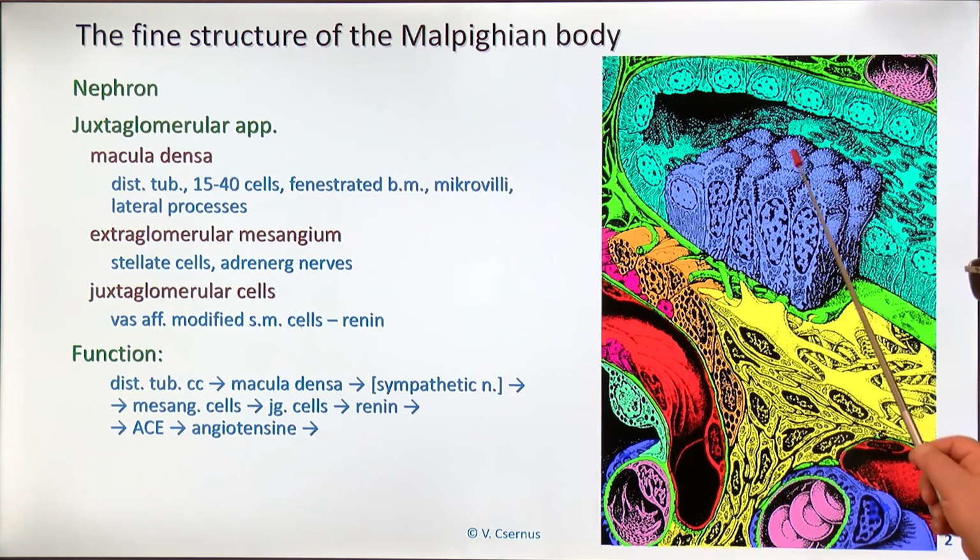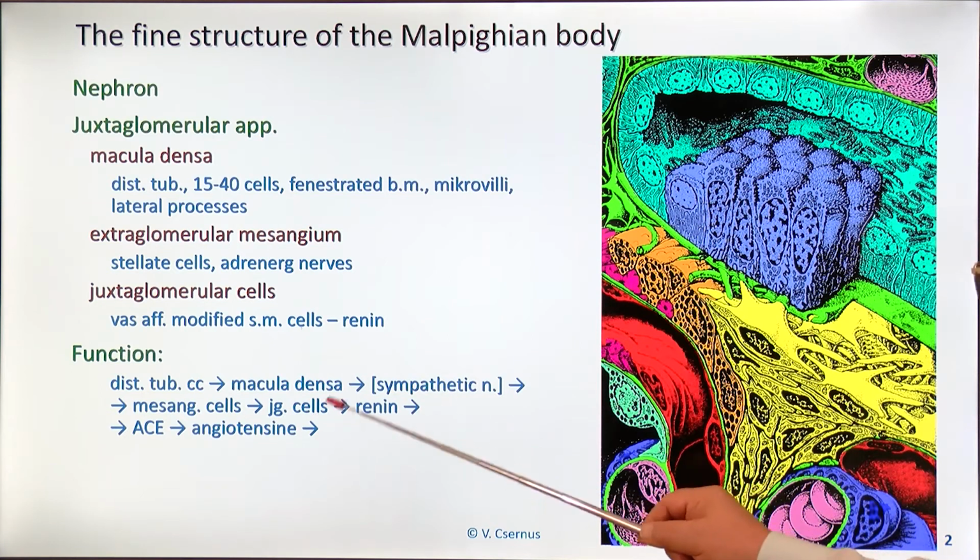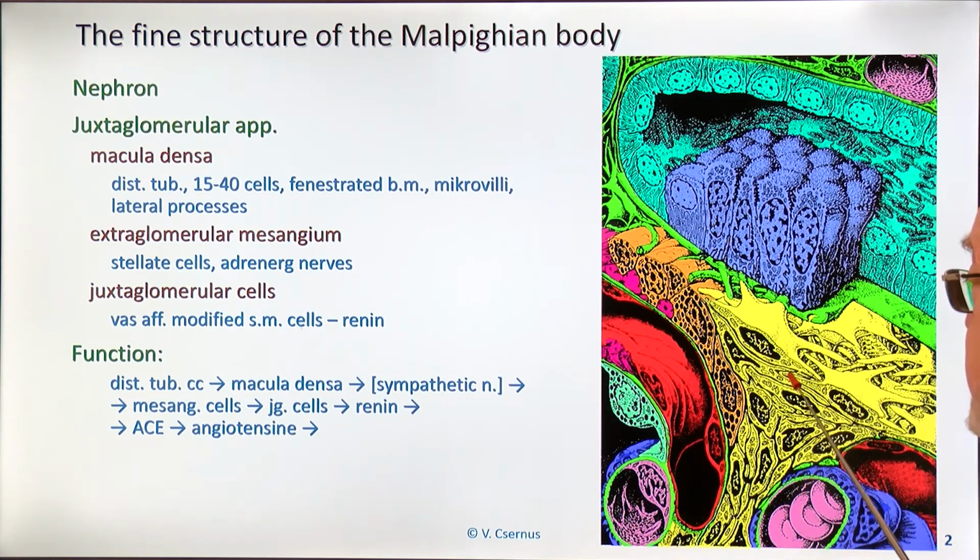And this information is passed through the extraglomerular mesangial cells. Maybe sympathetic nerve fibers also influence this system, and it is passed over to the juxtaglomerular cells.